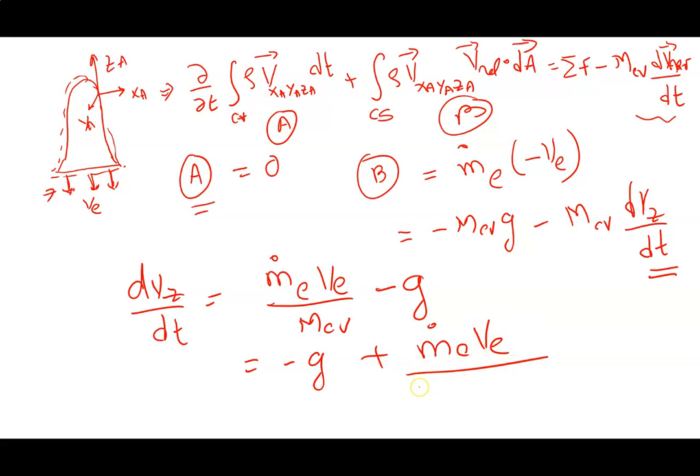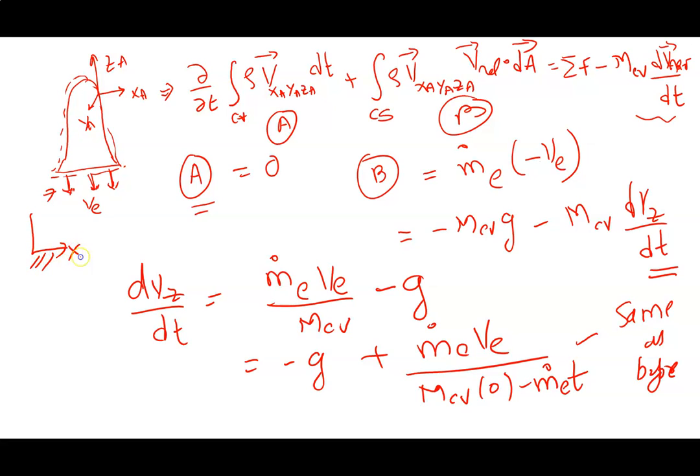In the denominator, we previously worked that out as m_CV at 0 minus m dot E times t, right? So this is exactly the same equation we got before, where previously we had applied this to a reference frame attached to the ground. And you can see now, with the reference frame attached to the rocket itself, provided you take this extra term into account, you're going to get the same result.